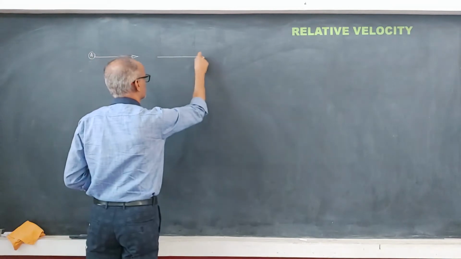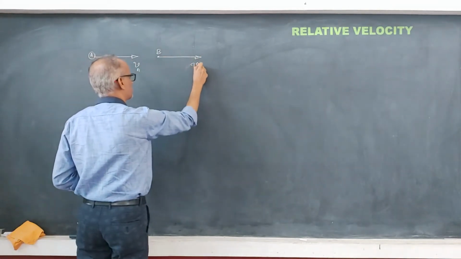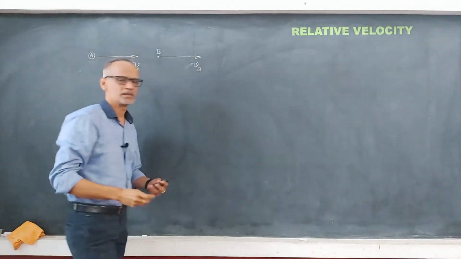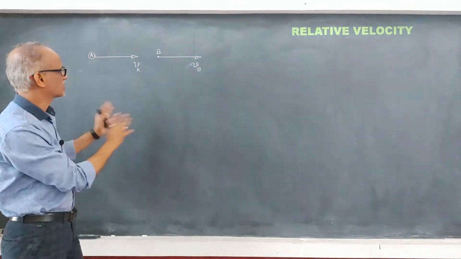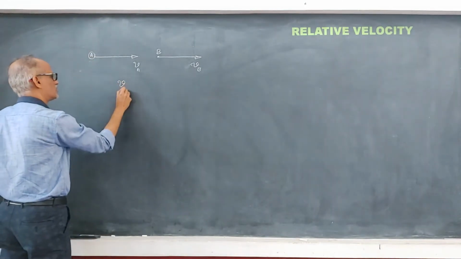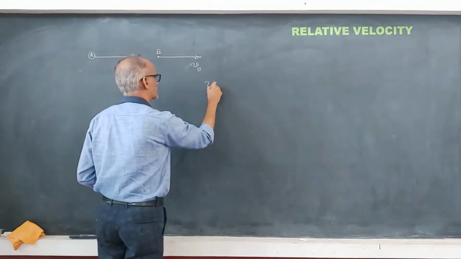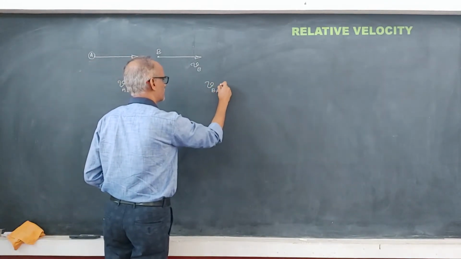In the same direction, there is one more body, B, that moves with another velocity, V suffix B. Now when two bodies are moving simultaneously, we can always measure the velocity of A with respect to B, or the velocity of B with respect to A.